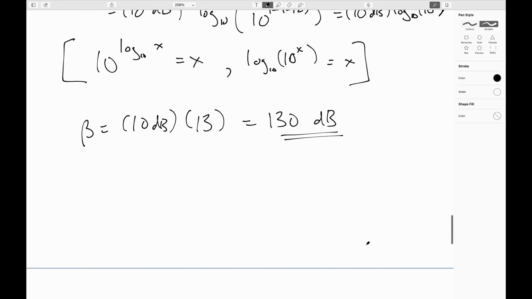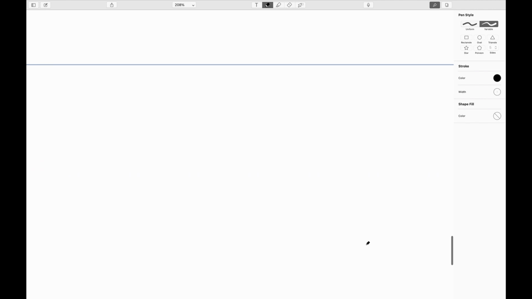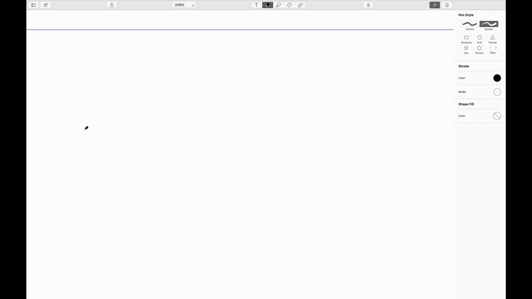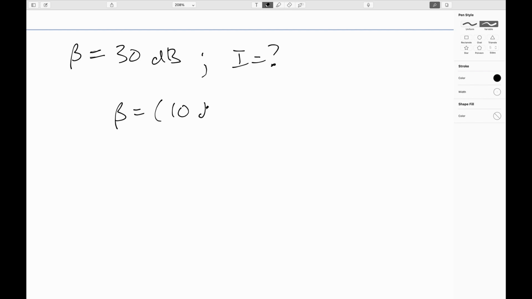All right, let's try another one. Let's say that you were running a sound meter on something and you got the intensity level to be 30 dB, and you wanted to know what the corresponding intensity was. Okay, so we remember that the sound intensity level is 10 dB times the base 10 log of I over I naught.